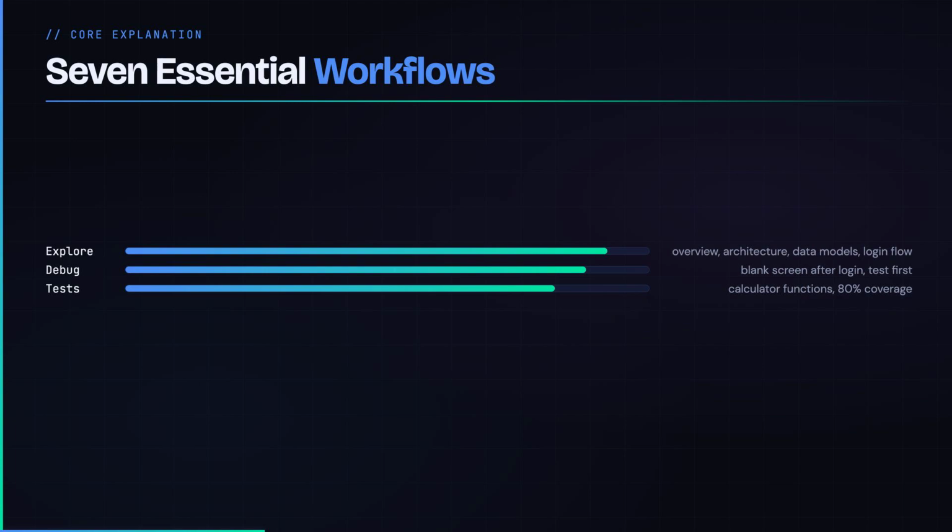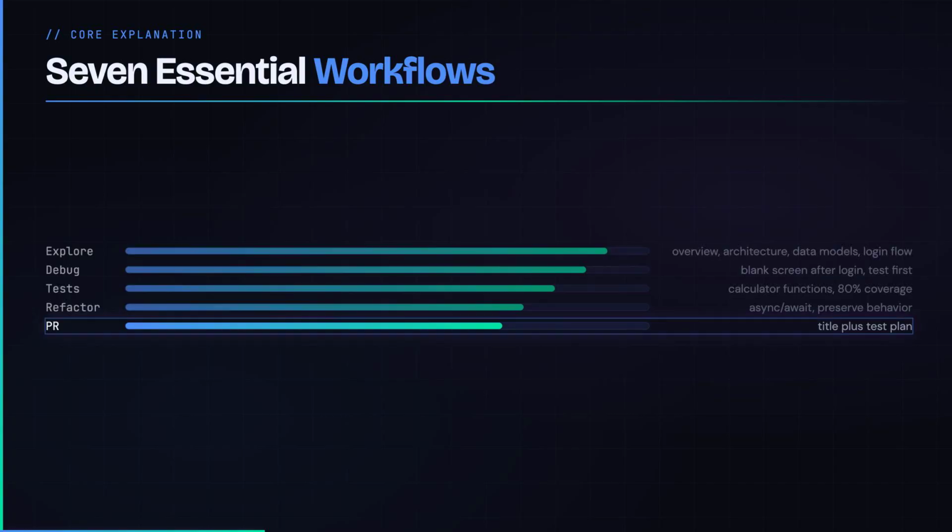Use the test workflow when code now exists but proof is thin. The source asks for unit tests for calculator functions in src/utils/calc.ts, targeting 80% coverage. Use refactor when behavior stays the same but structure changes. The example moves src/api/handlers.ts from callbacks to async/await, with tests after each change. Use the pull request workflow when branch work needs a reviewable package.